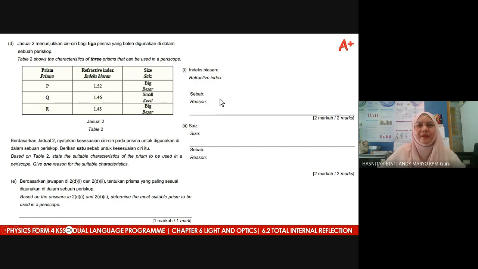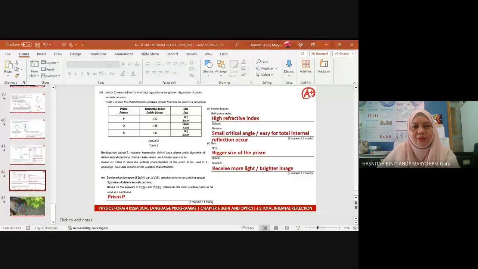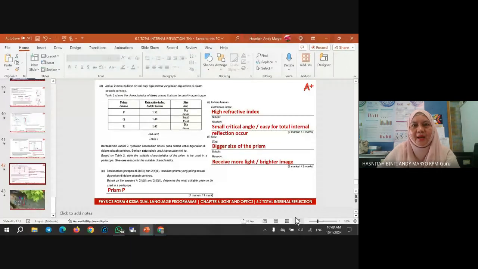The refractive index should be high or low. That is the best answer to write. Students, should the refractive index of the prism be high or low? It should be high.